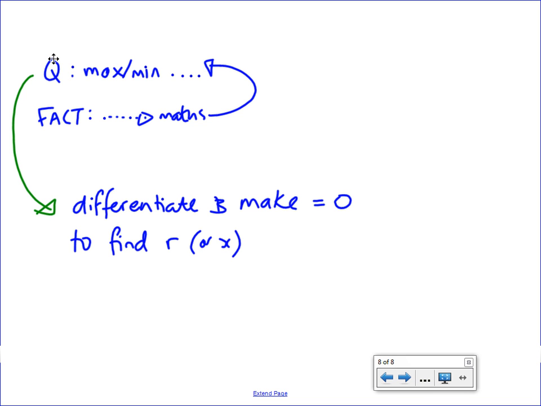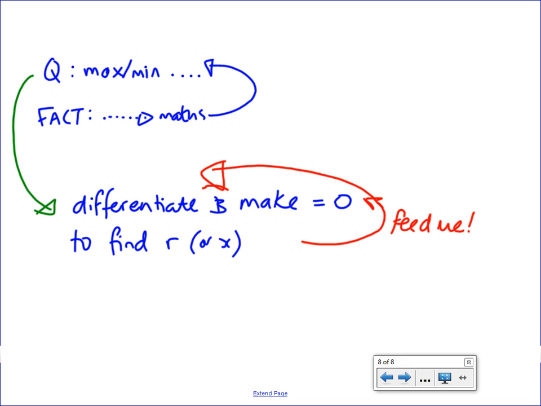Then what did we have to do with our r is 10? We had to feed it back in to the thing we differentiated. So not into the derivative, because we'll just get 0, but into the function, the thing we differentiated, so in our case V equals, or y equals, or whatever it is, the thing that came from the original question after we'd shoved everything back in.